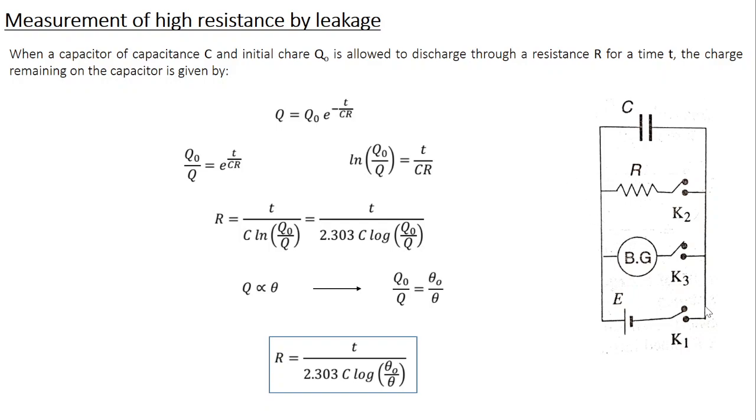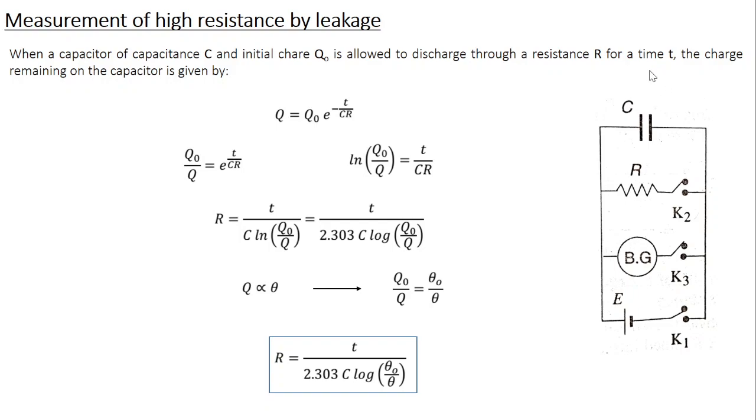Now imagine that you are making this measurement in the lab. So you constructed this circuit, then you want to make a measurement of theta naught and theta. So what you have to do, you have to close some keys, you have to open some keys, then look at the deflection, then note down the value. Surely it is going to take you 2-3 seconds or more, right? A couple of seconds is going to take you. But the RC time constant is very small.